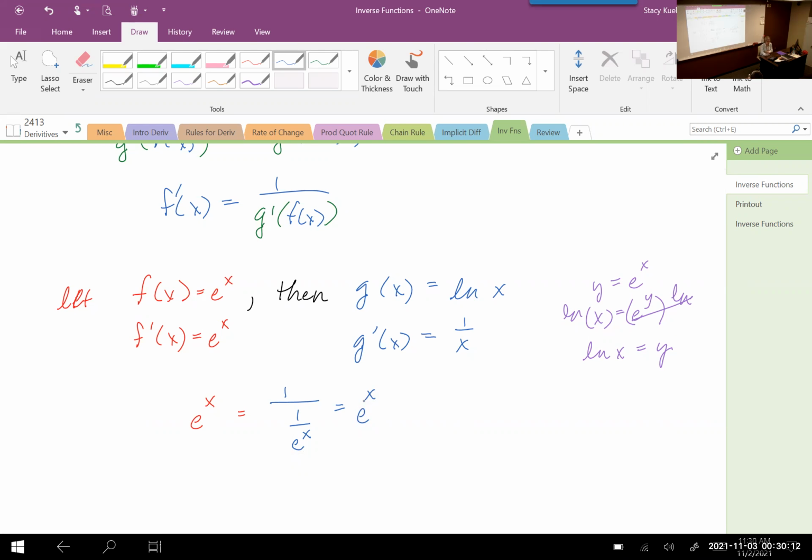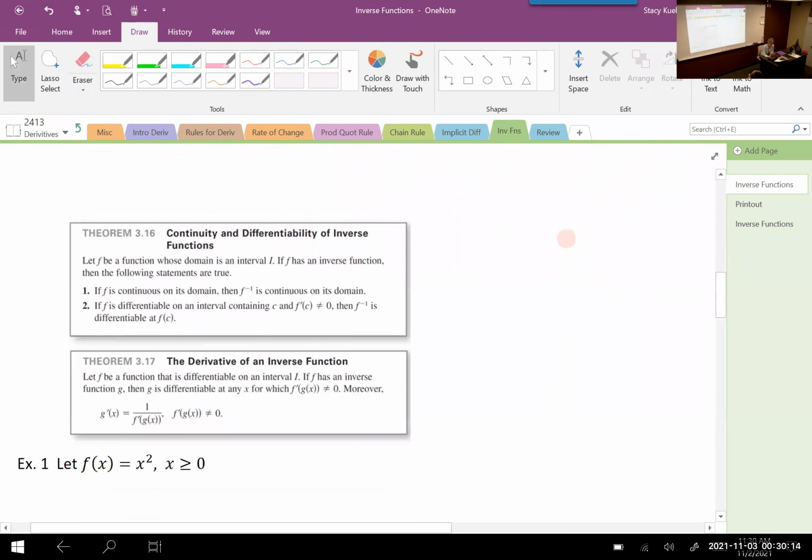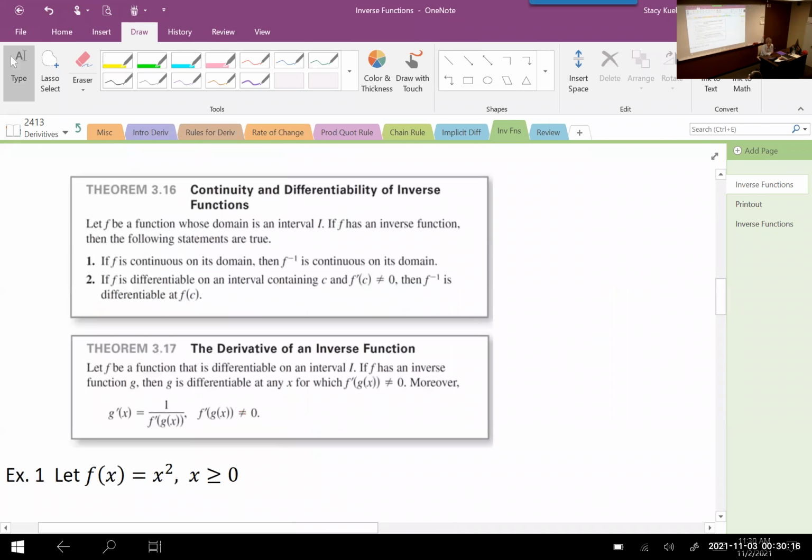Okay? So the properties and theorems that we want to look at here said if f is continuous, if it's a function whose domain is on the interval I, if f has an inverse function, then the following statements are true. Remember that not all functions had inverses. We had to create one-to-one functions of our trig functions to make them have inverses, right?